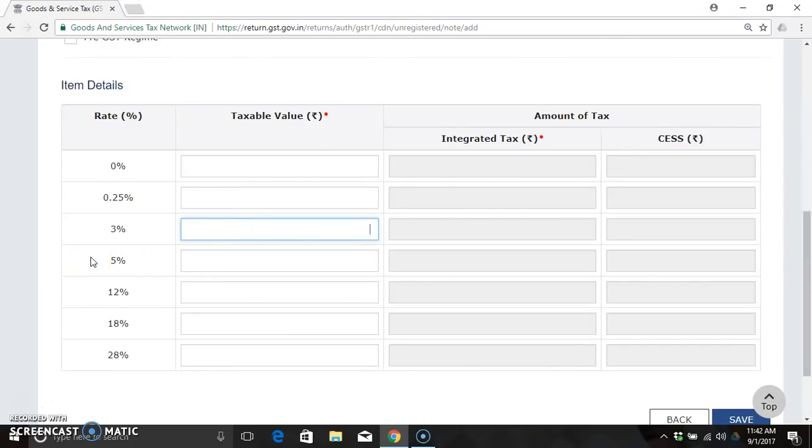For other items, find out the rate, whether it is 5, 12, 18 or 28, and the corresponding value has to be filled in the respective fields. And whenever you fill the corresponding fields, the integrated tax field comes over here. Next, there is a column called cess. Cess is filled only with respect to certain specified items like cigarettes, cars, aerated water, etc. So cess is only with regard to specified items, not with all items.